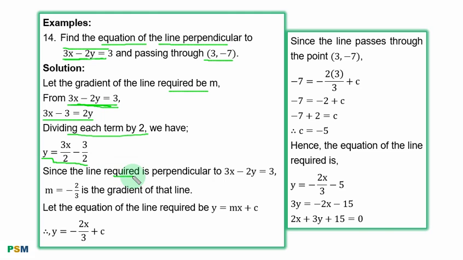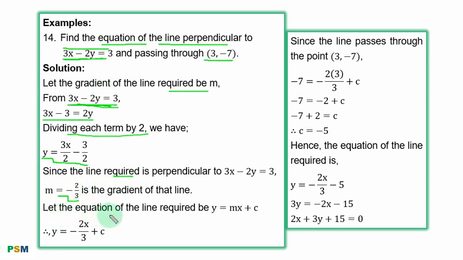By the time you make m2 the subject, it becomes minus 2 over 3. Minus 2 over 3 is the gradient of the line required, which is perpendicular to the given line.